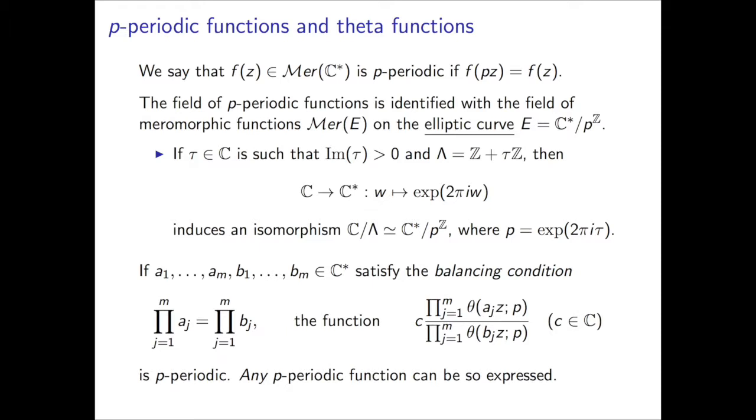So the field of p-periodic functions on C star is actually identified with a field of meromorphic functions on this elliptic curve given by taking the quotient group of C star modulo the subgroup of integral powers of p, and this quotient ends up having the structure of a one-dimensional complex manifold, and it's an elliptic curve.